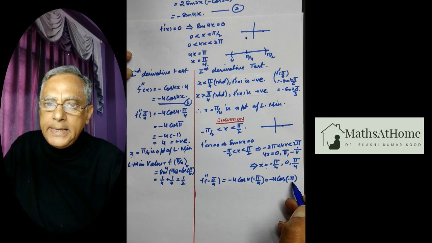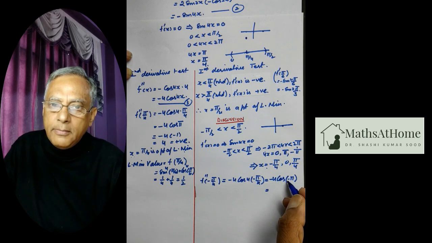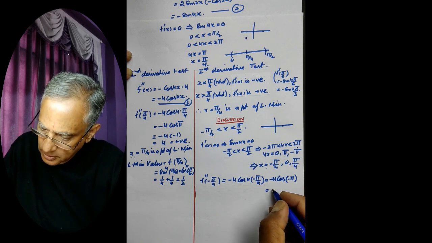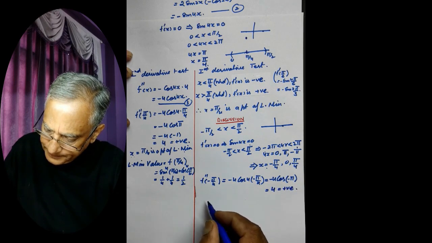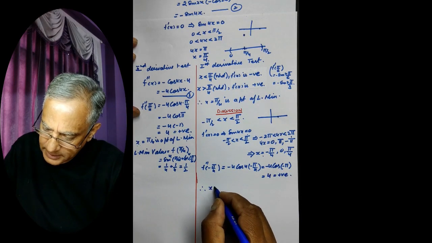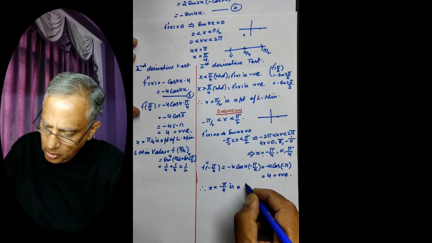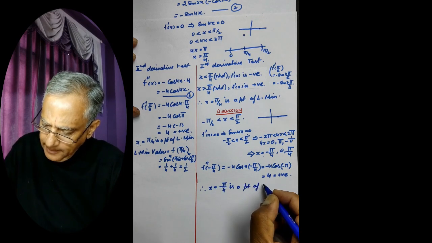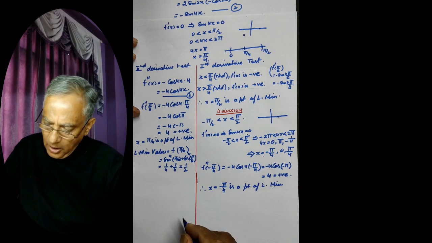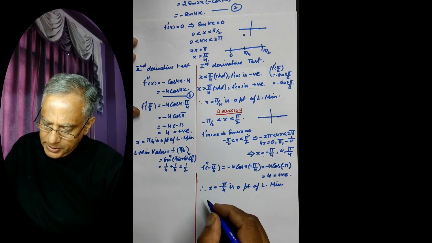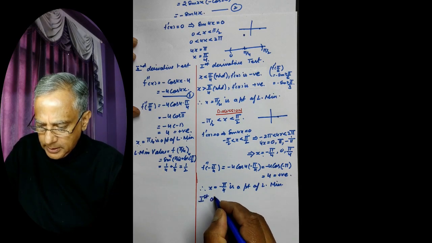And cos pi is minus 1, so this will be minus 4 into minus 1, that is plus 4. This is positive. And therefore, x equal to minus pi by 4 is a point of local minimum.